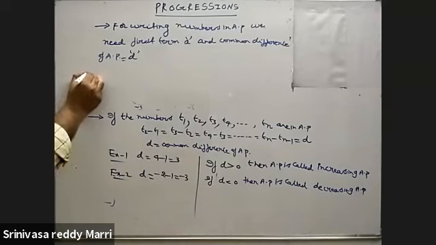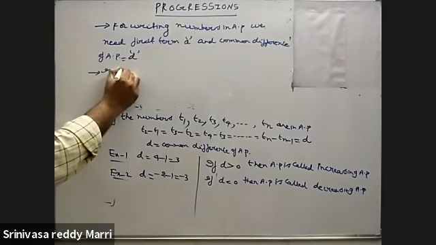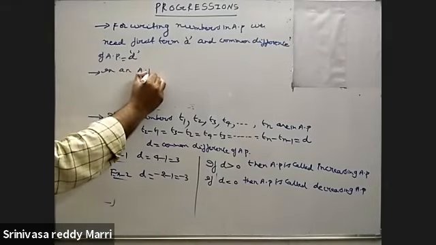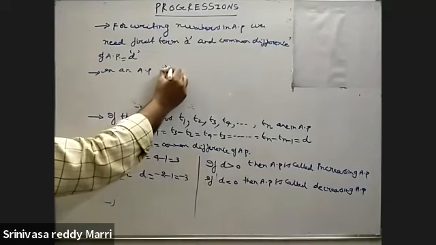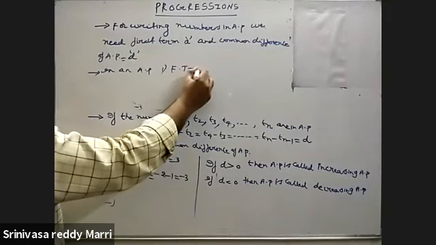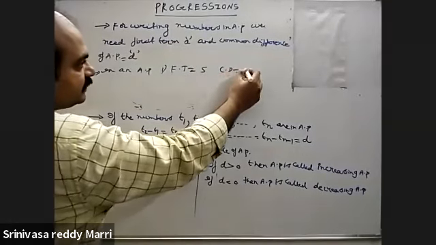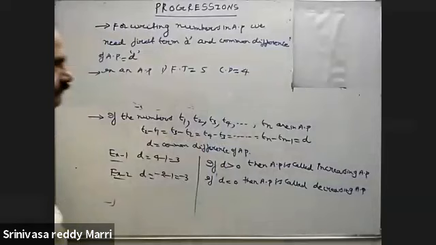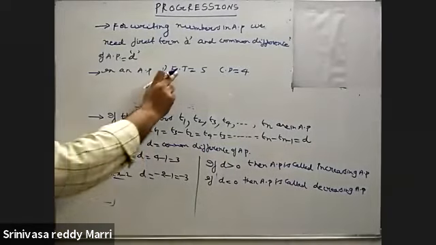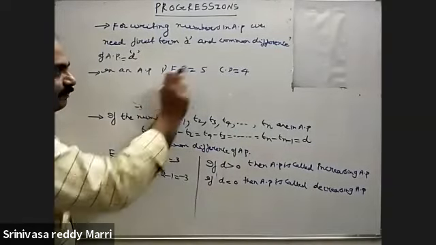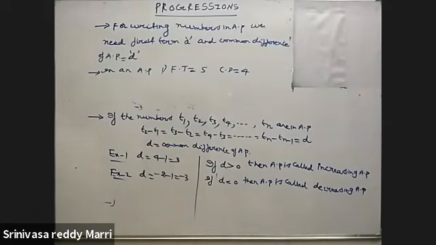Suppose, in an AP, I have given the first term 5 and common difference 4.